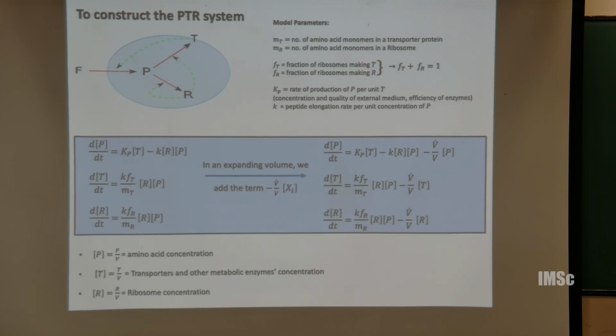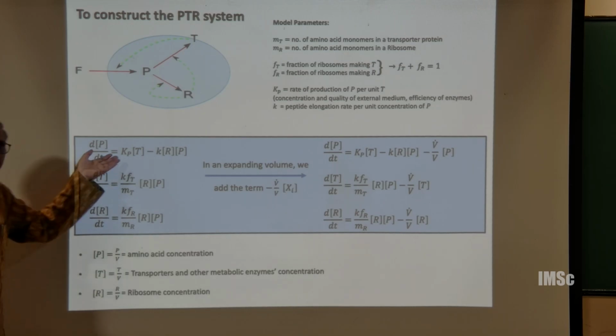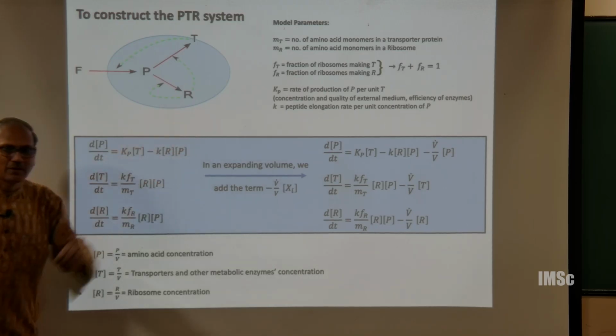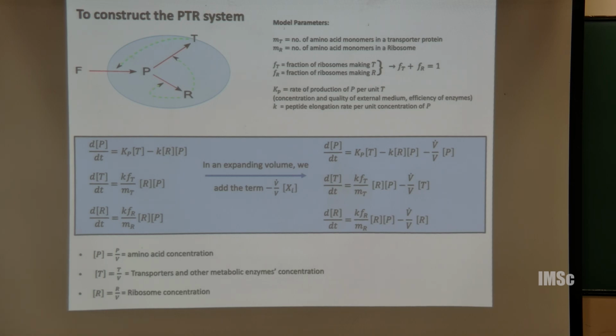So each amino acid that they add takes away from the pool of amino acids. Each amino acid that is used to make protein takes away from the pool of free amino acids, precursors available. So this is the rate at which they are adding amino acids.